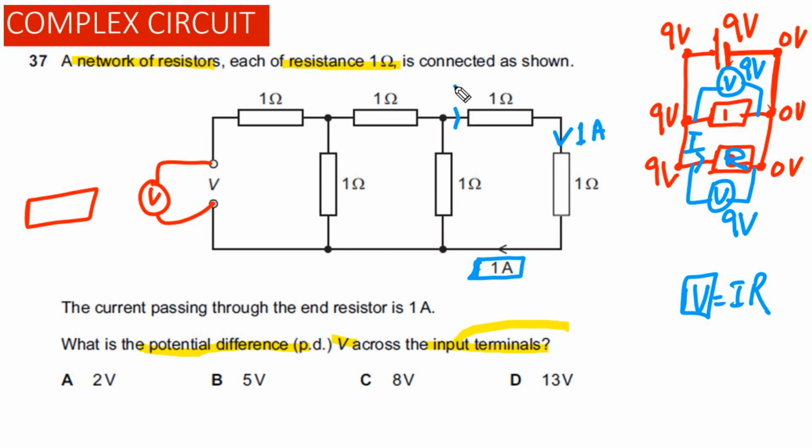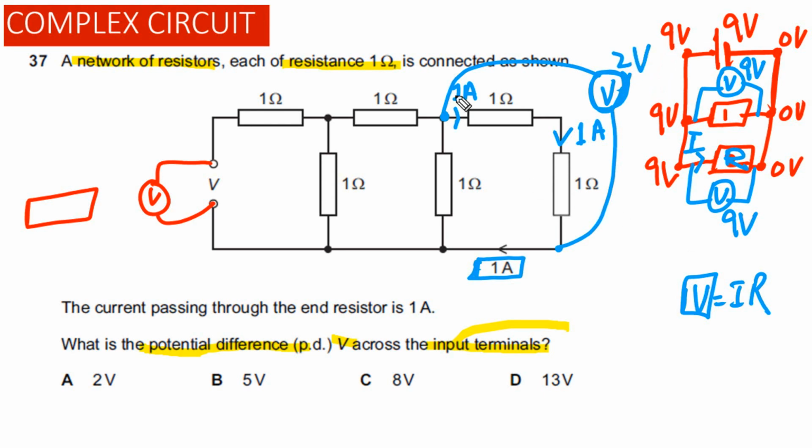And current passing through this resistor is also equal to 1 amp. Now let's say we attach a voltmeter at this point, and what will be the reading on this voltmeter? Simply you can find out the potential difference across this one is equal to 1 volt, and potential difference across this one is equal to 1 volt. So the reading on this one will be equal to 2 volts.